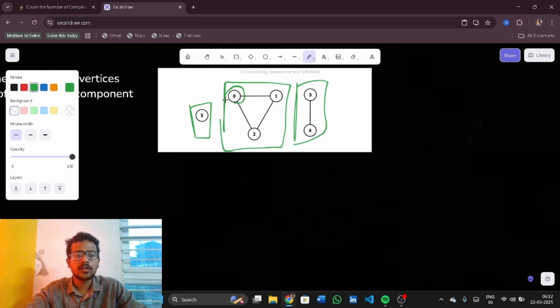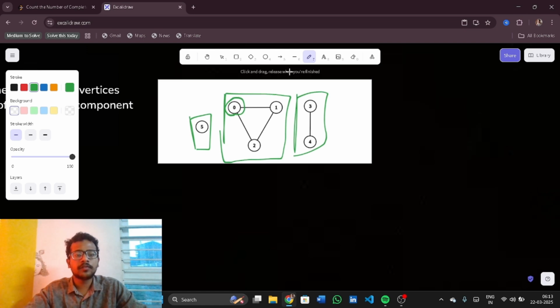If you do any traversal from 0 to n minus 1, I will go through 0 first. So the component which is having a 0 would be my first component, the 0th component. Now I have gone through 0, 1, 2, and I will go through 3 and 4. So this would be my first component and this would be my second component, ID 2.